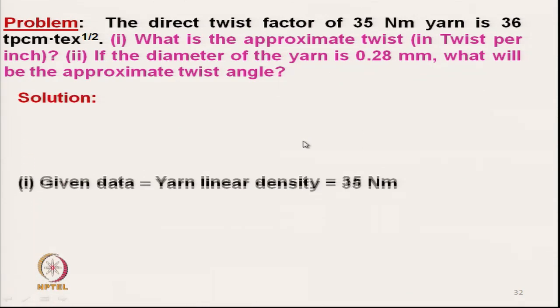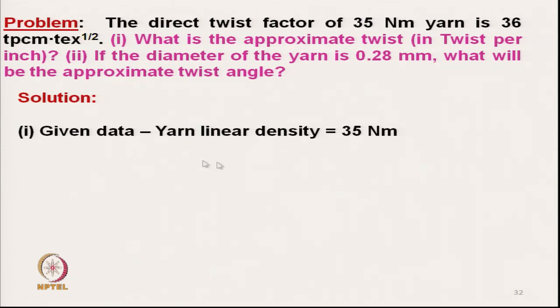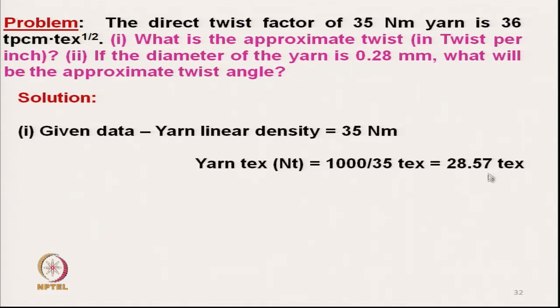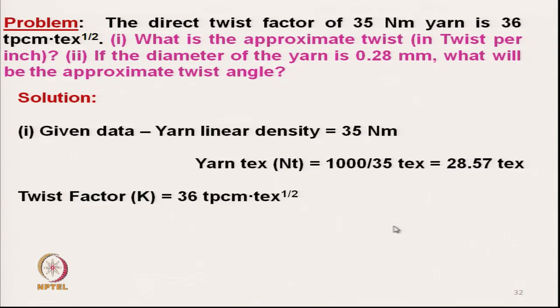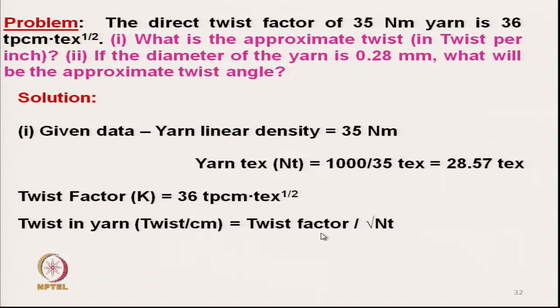The solution is that the yarn linear density given is 35 Nm. Let us convert it to tex. The relationship is tex equals 1000 by Nm, so 1000 by 35 is 28.57 tex. The twist factor is 36, and the equation is twist per centimeter equals twist factor by root of tex.